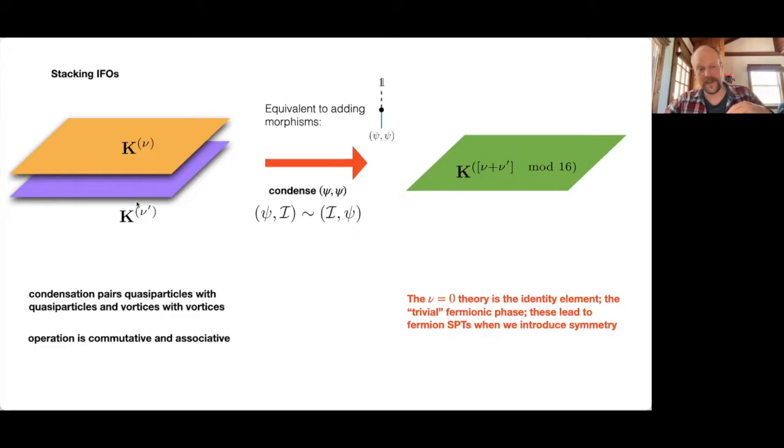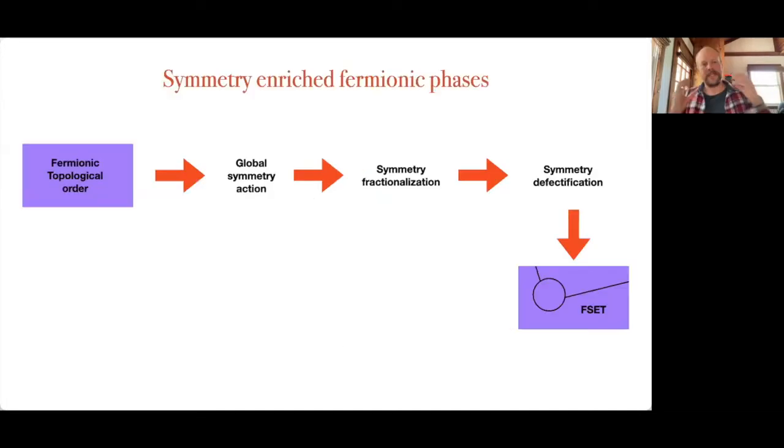I didn't write it, but if I replace K nu prime with any other fermion MTC and K nu with K0 and do the stacking, I'll find that other FMTC back. So it really does act as the identity element under stacking. That's the end of my brief description of fermionic topological phases. And what I'd like to do now is discuss how we introduce symmetry into the problem.